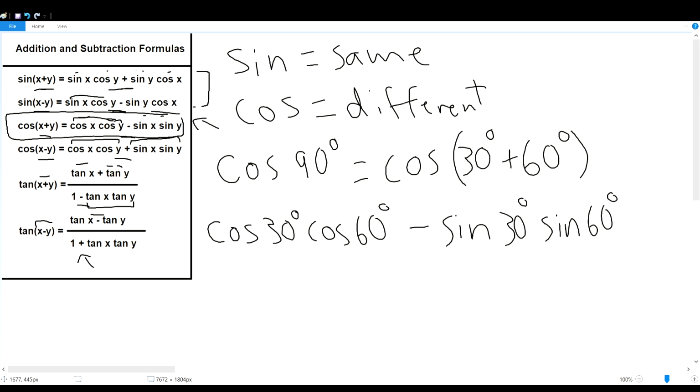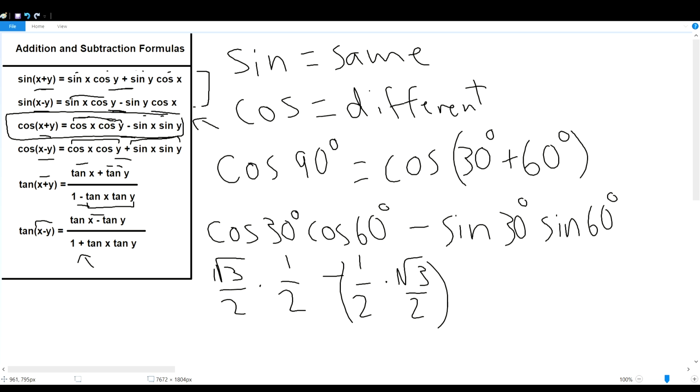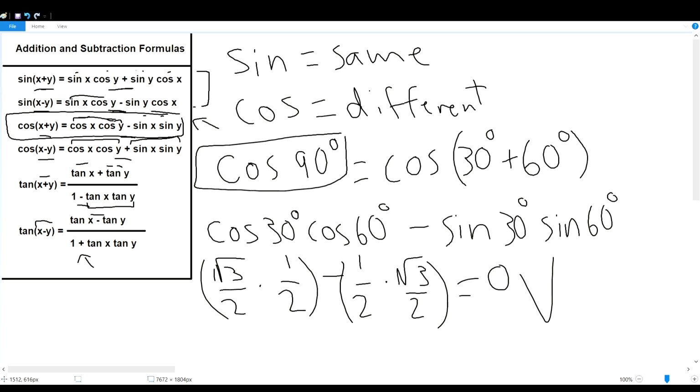And then we could simplify that, so that'll be square root of 3 over 2 times 1/2 minus 1/2 times square root of 3 over 2. So these are the same, they're subtracting, so that equals 0. And we already know that the cosine of 90 degrees is 0, so it checks out.